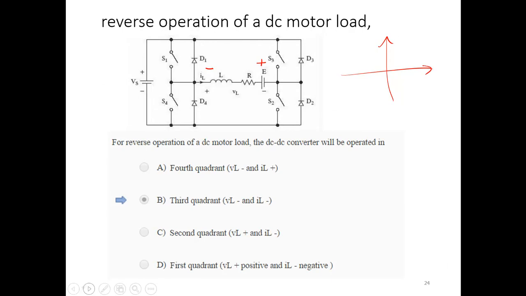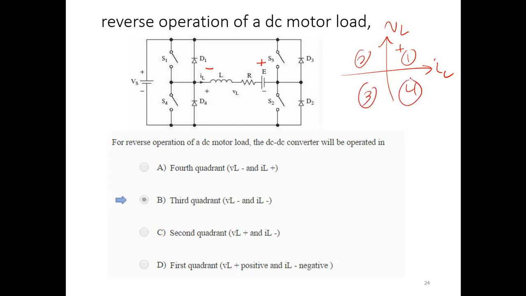VL and IL, you want to make sure that VL is positive. Also, the first quadrant, second quadrant, third quadrant, and then the fourth quadrant.